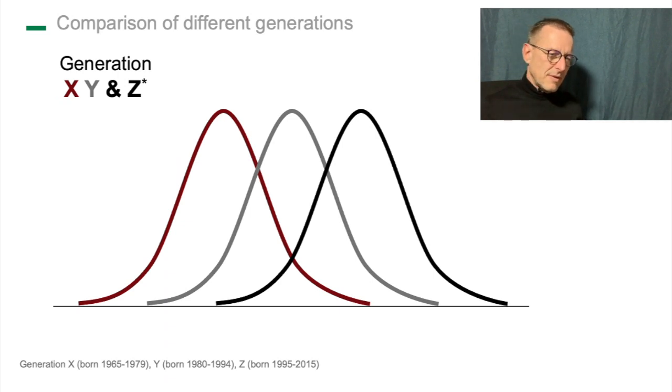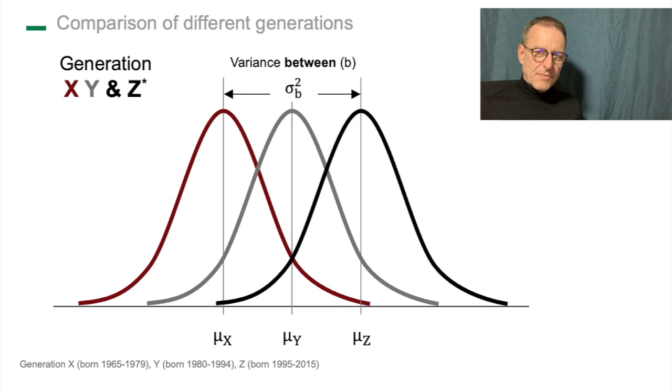And the idea here is that there is a variance between these groups. And when we talk about the variance between the groups, we talk about the differences in the averages, right? So in my picture here, you find three bell curves, and you can tell from the visual shape that there is some overlap, but there is also a difference.